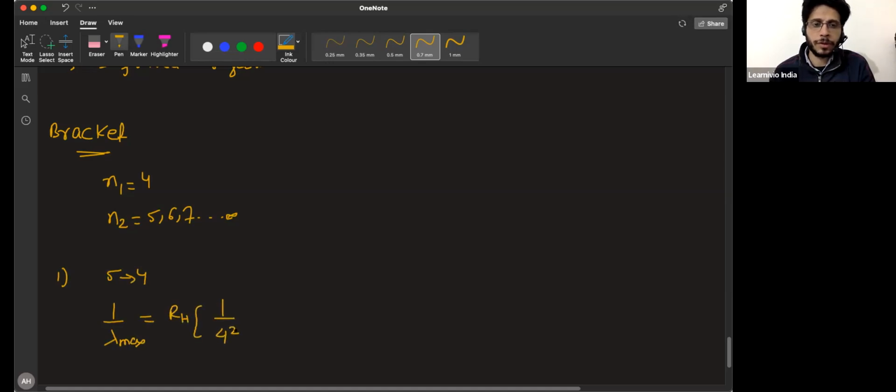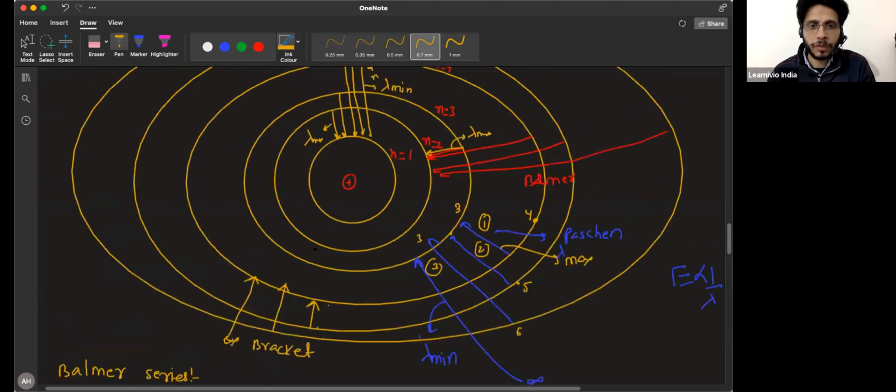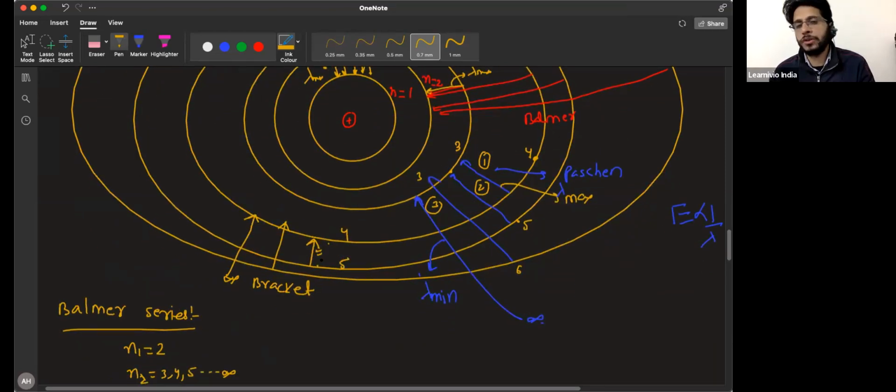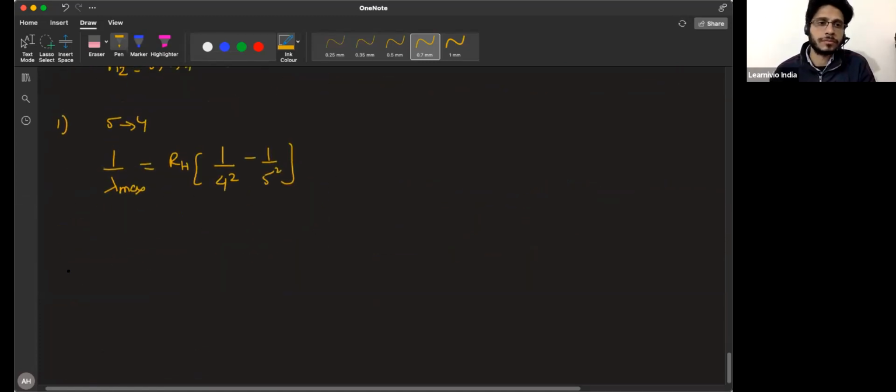And this will be 1 by 4 square minus 1 by 5 square, because energy difference is minimum. For this particular transition, from the 5th energy level to the 4th energy level, your energy difference is minimum, so wavelength is maximum. If you need minimum wavelength, then it's infinity to 4. So 1 by lambda minimum will be RH times 1 by 4 square minus 1 by infinity square.